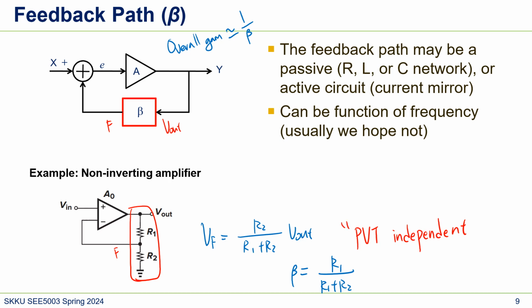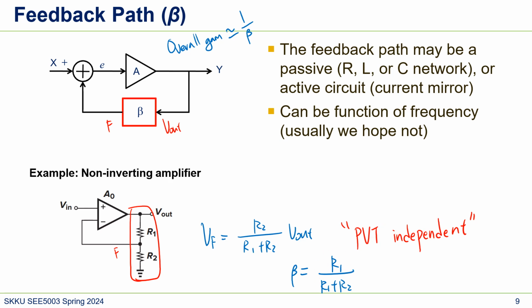The beta is usually PVT independent. P is process, V is voltage, and T is temperature. When you see this beta, they're just a resistor ratio, so it's like a constant value.